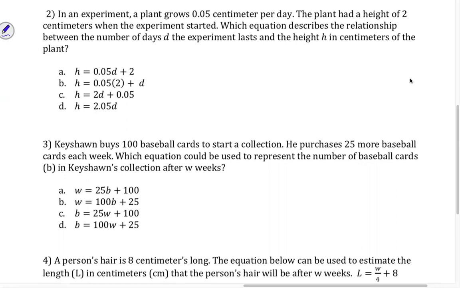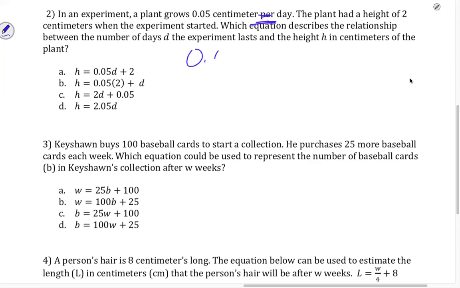Now, I could read through just like I did in number 1 and see which one makes sense. But if we go just slightly more mathematical, does everybody see that word per right there that I tried to underline? That word per kind of means multiply.